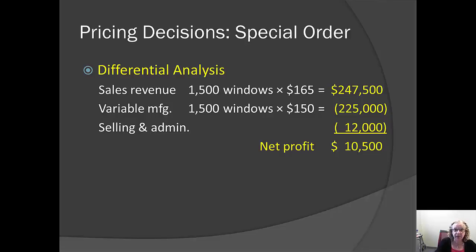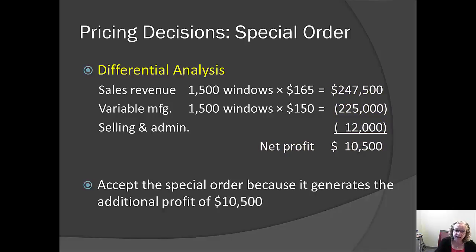So it should accept the order, right? I don't know. It definitely generates profit. So based on money alone, the firm would want to say yes to this special order.